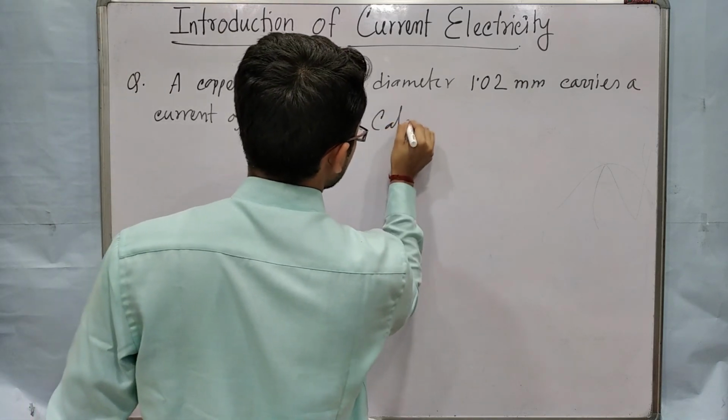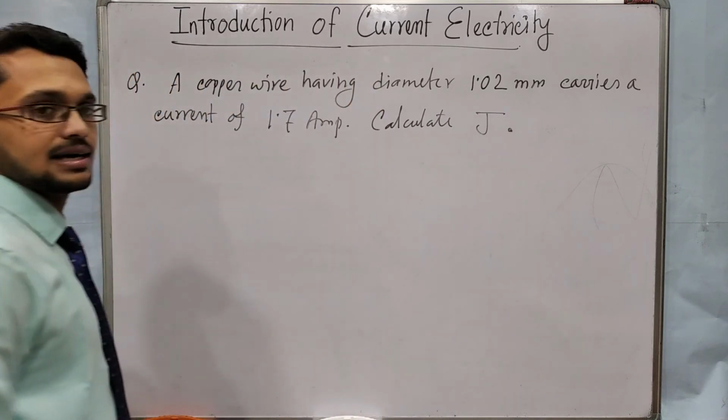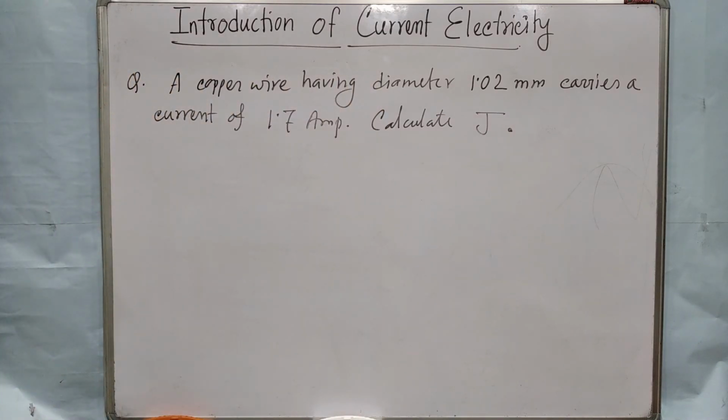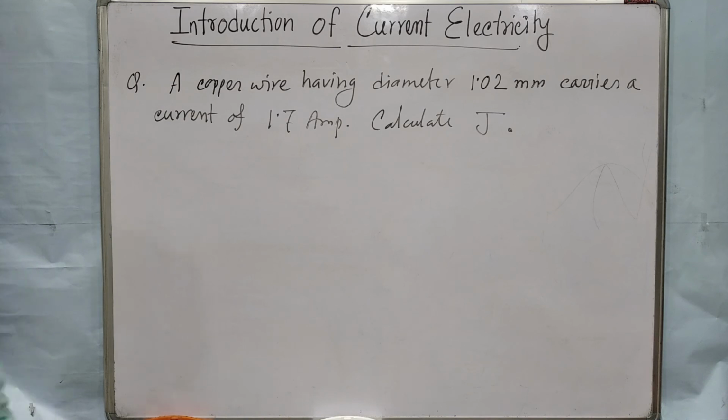Calculate J, the current density. Only the magnitude of current density. Here there is nothing about the direction, whether the cross sectional area is perpendicular to the flow of current or not, that is not given.